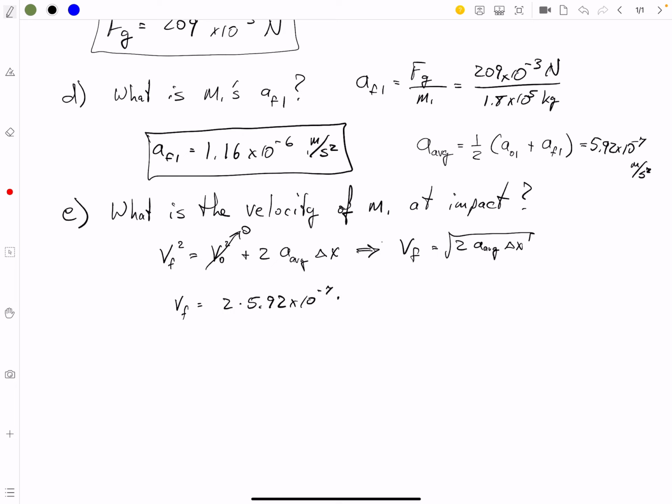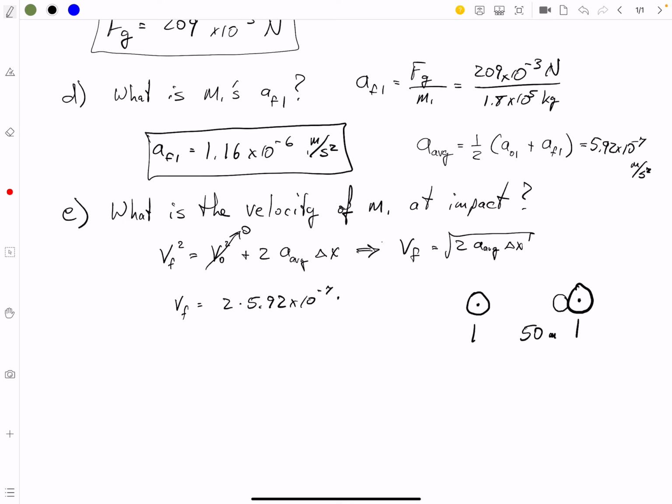Okay, so I didn't figure out what our delta x is. So here's one mass, here's the other. These guys are 50 meters apart from center of mass to center of mass. How far, though, did they go toward each other?